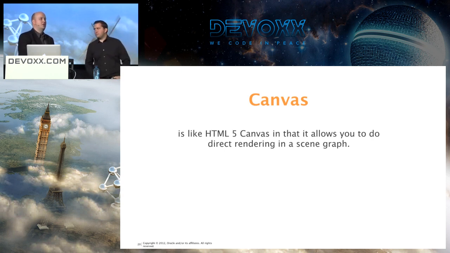There are a few impedance mismatches between the way the HTML canvas did it and the way we did it. For one, they had a weird rendering order of back to front rather than front to back, and those sorts of bits and pieces. They also weren't as powerful when it came to things like what kind of paint you're going to use to draw. For example, a kind of ridiculous limitation.